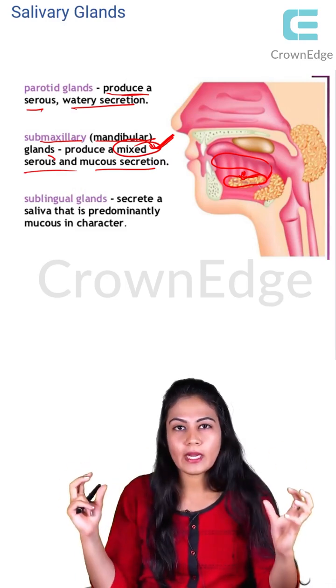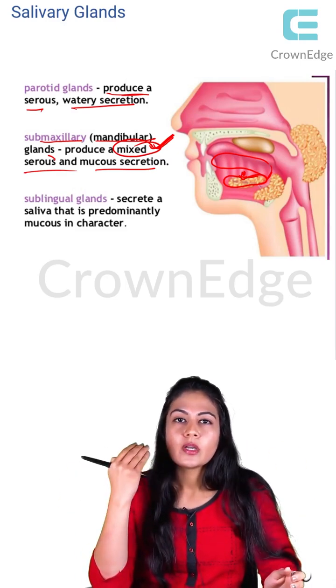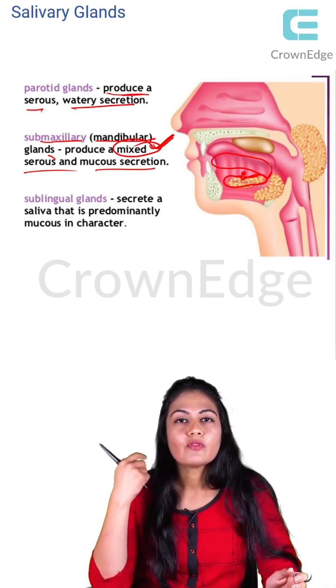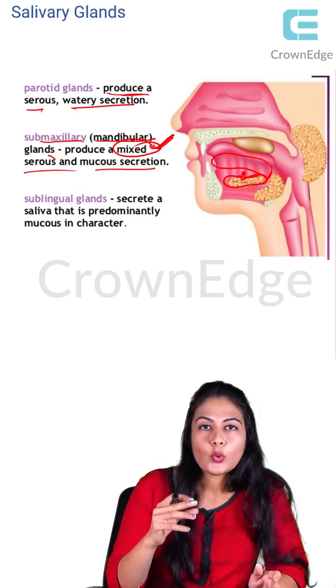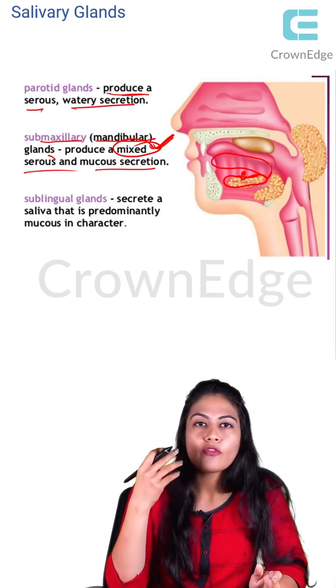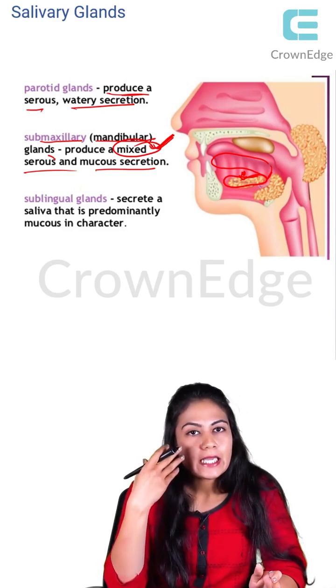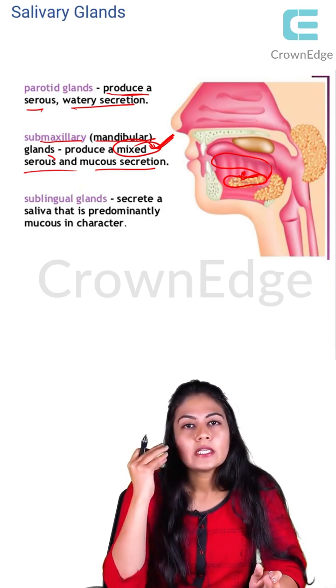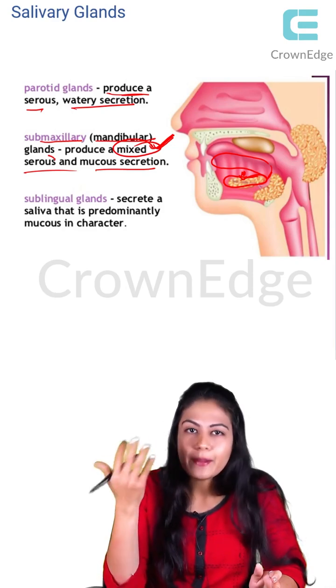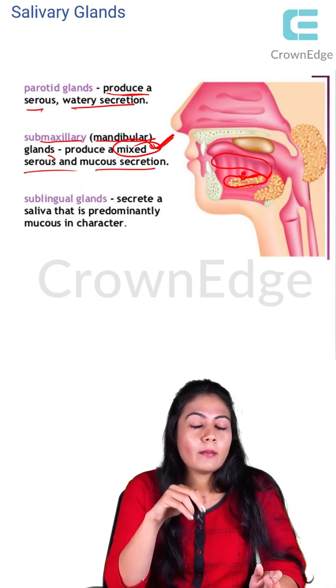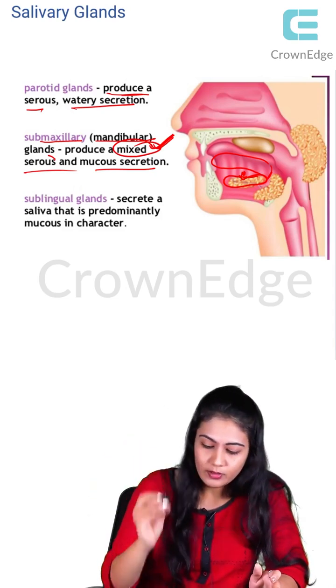If you remove the mandible, you are going to get the salivary gland there, which is known as the submandibular gland. And it is not only in the area of the mandible, it is also beneath the maxilla. So it can be known as the submaxillary or submandibular gland.